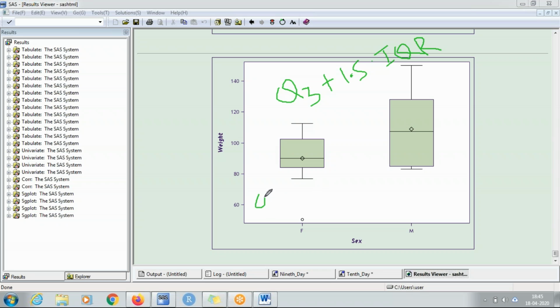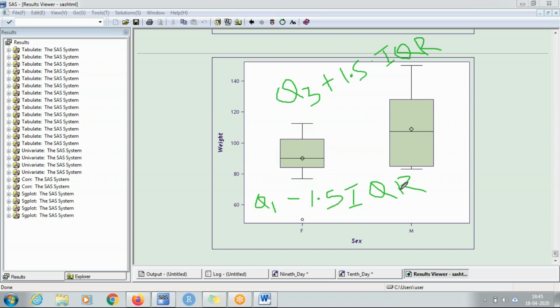So any value below Q1 minus 1.5 IQR is an outlier. So now I don't need to understand whether Ambani is sitting in the class or who is sitting in the class.